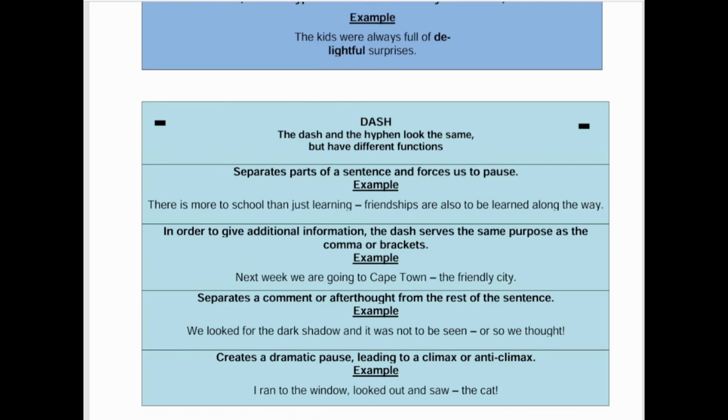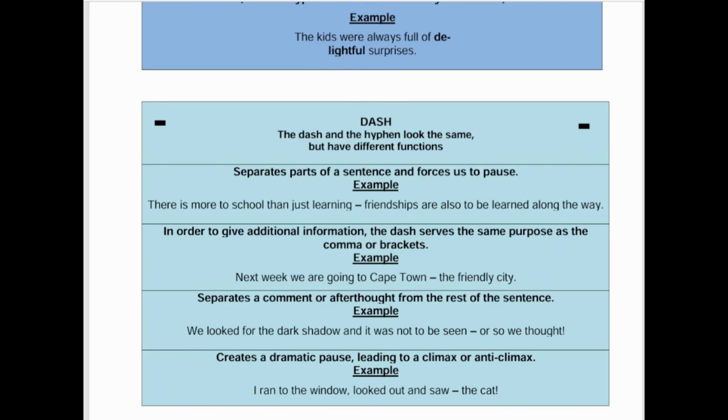Another use of a dash is to give additional information; the dash serves the same purpose as the comma or brackets. Example: next week we are going to Cape Town — the friendly city. You can see the friendly city is additional information in that statement.